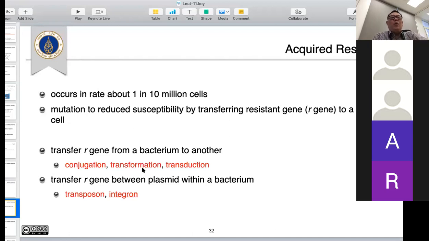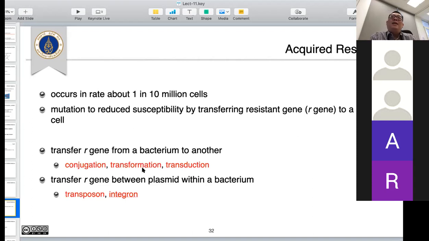The genetic, we term the antibiotic resistance as R gene. R gene means resistance gene, whether ampicillin resistance, tetracycline resistance, whatever, we call it R gene. The R gene from bacteria can transfer to another bacteria by conjugation, transformation and transduction. Conjugation needs pili, sex pili, sent from one cell to another cell, right?